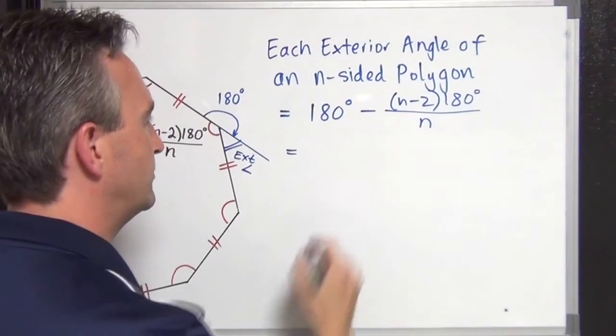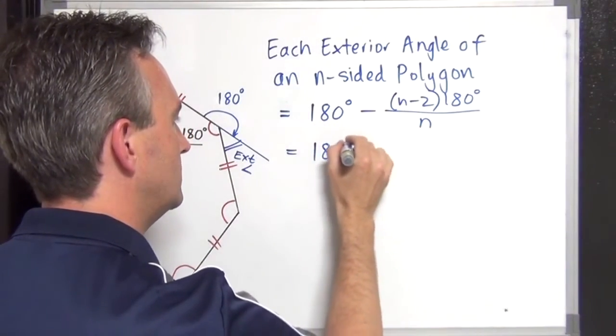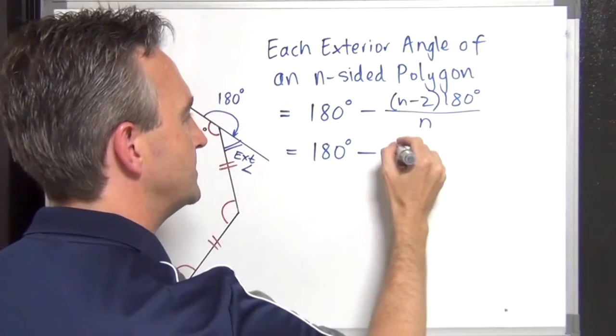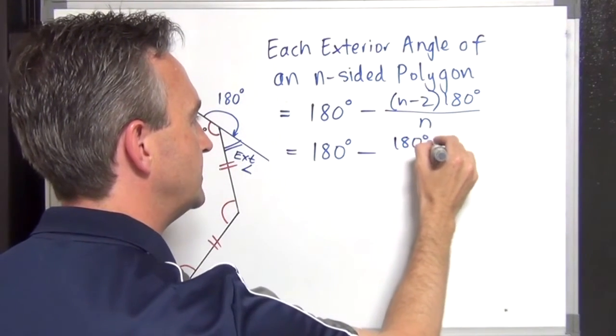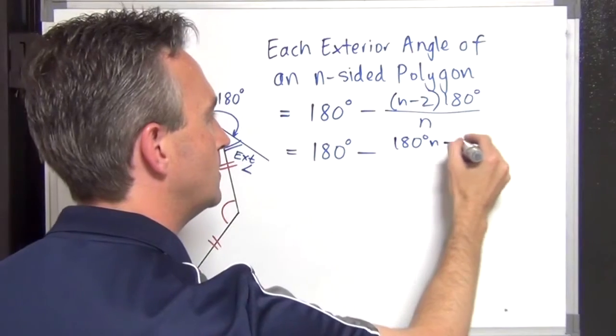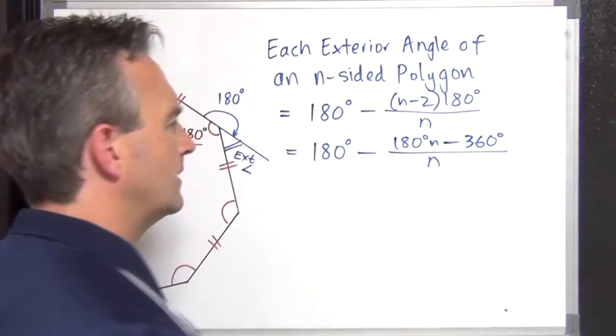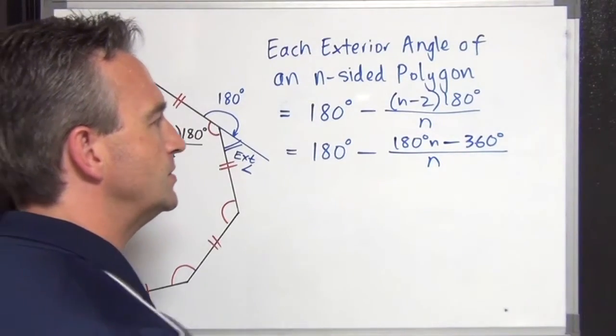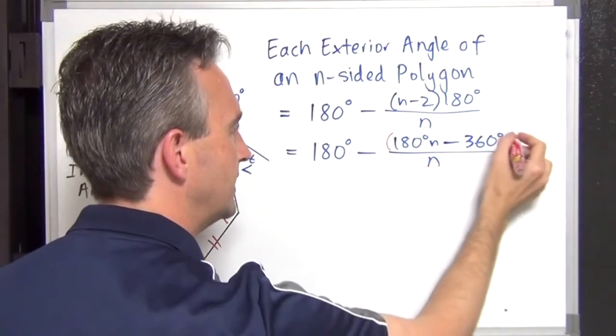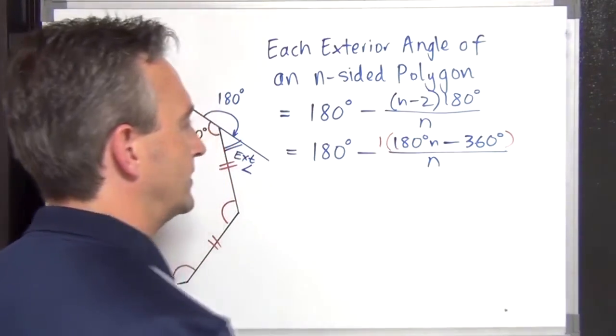Let's use our distributive property here: minus 180 times n, 180 degrees n, minus 180 times 2, 360, all over n. Let's split these fractions up. To do this, we've got to imagine we've got brackets there, and this is kind of like a minus 1 at the front.